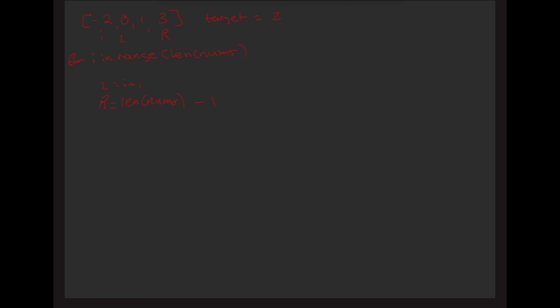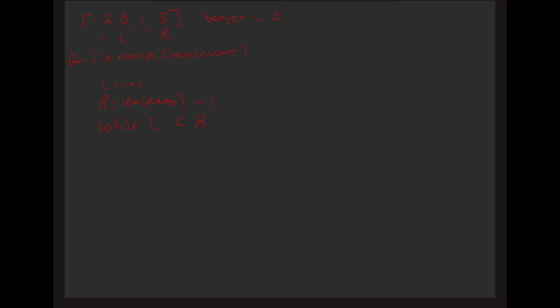So while left is less than right, that means we have not crossed each other. We are good to continue computing on the array.